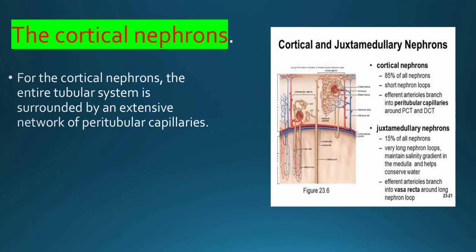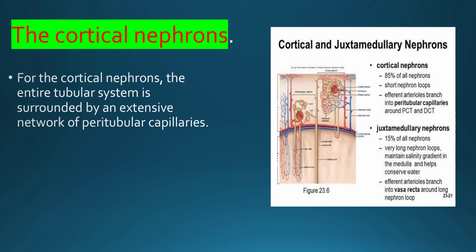In the cortical nephron, the entire tubular system is surrounded by an extensive network of peritubular capillaries. Here you can see that these nephrons are covered by an extensive network of peritubular capillaries.